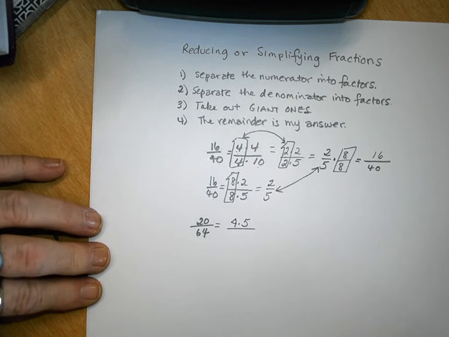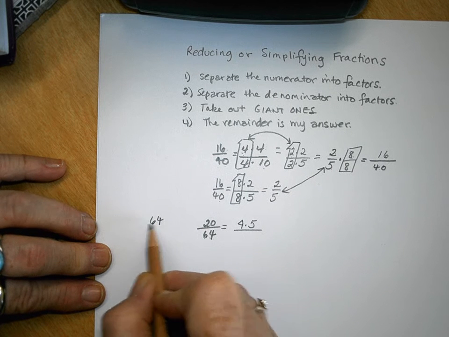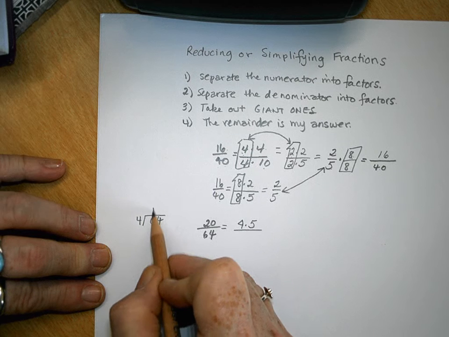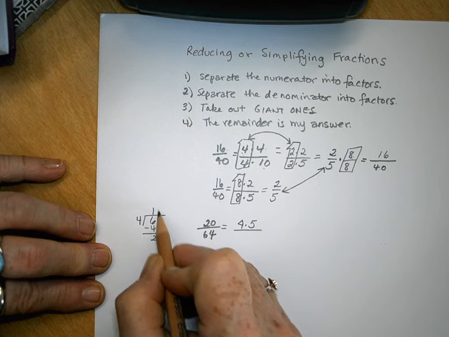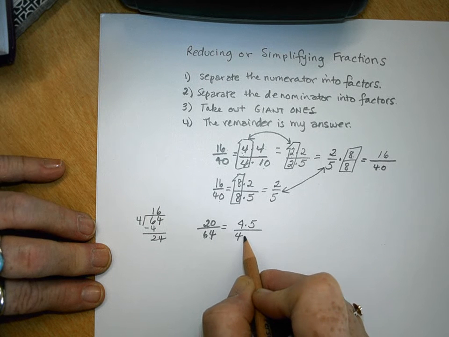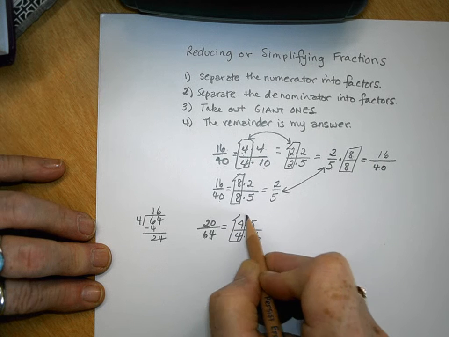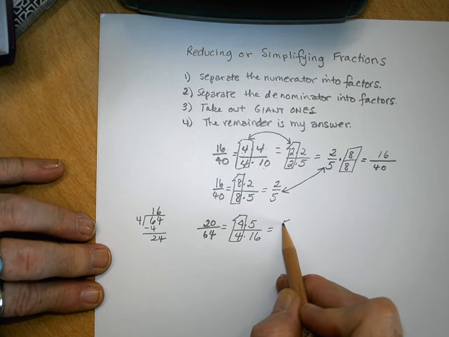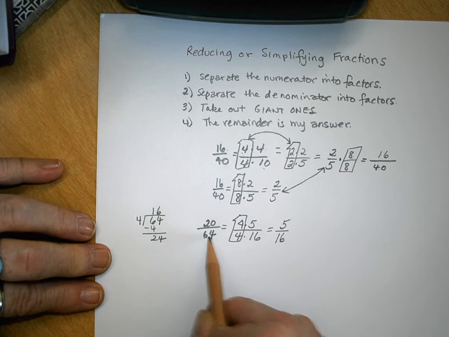And 64, well, I don't know that automatically, so I'm going to work on the side. 64 divided by 4, it looks like it's 16 times. So I have 4 times 16. So this is my giant 1. And my remainder is 5 over 16. So these are equivalent fractions.